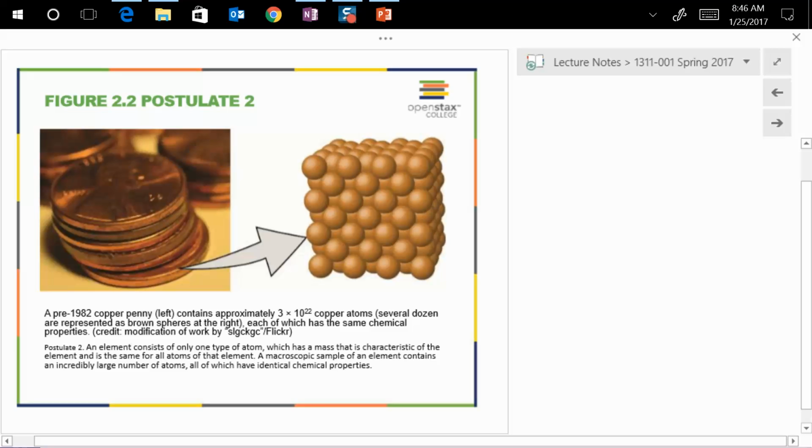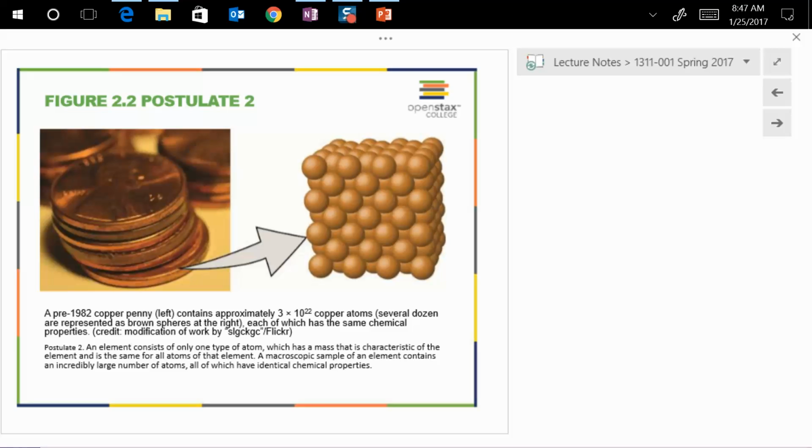His second postulate states that an element consists of only one type of atom. Here you have copper metal, a piece of copper, a penny. That penny contains all these atoms that are all copper.